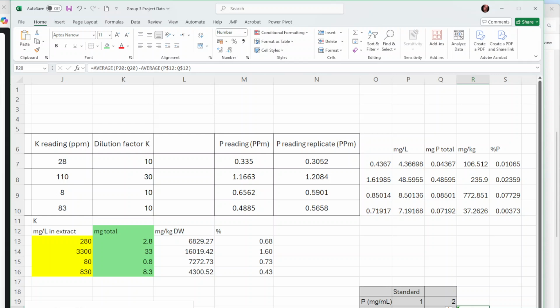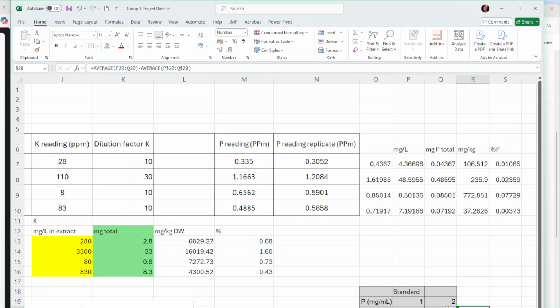What you have is the concentration of phosphorus here in the first column, and you have the two readings for the absorbance in this one. So what you're going to do is take the average of the reading minus the average of the reading at 0. The 0 will be subtracting itself, so it will be 0.